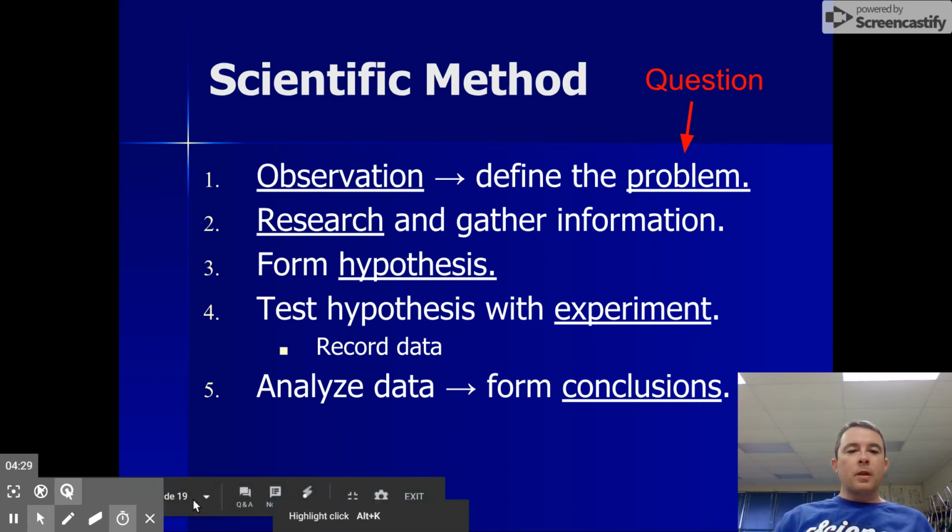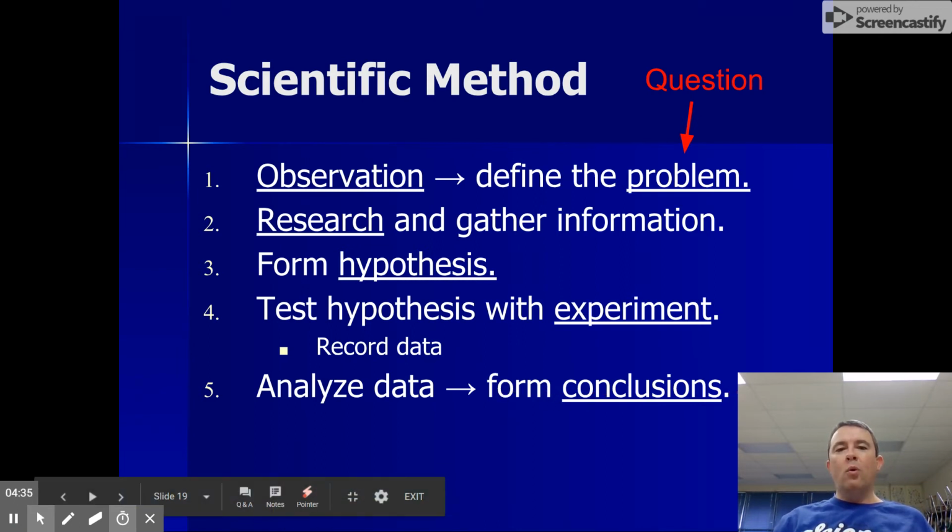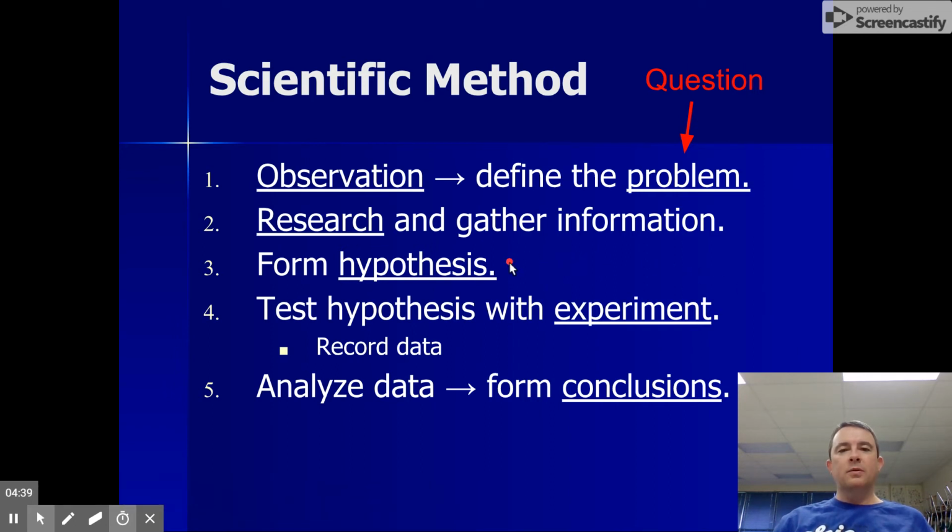Now, when I say form a conclusion, that always refers back to the hypothesis, because the conclusion is where you decide, okay, the data clearly supported the hypothesis. We're going to accept our hypothesis based on the data.